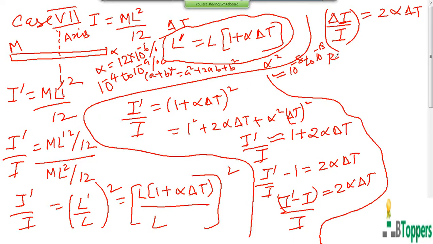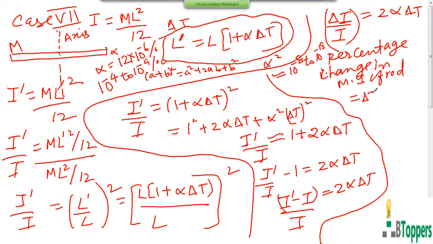So the percentage increase or change in the moment of inertia of the rod can be written as the actual change in the moment of inertia divided by the initial value of the moment of inertia, into 100%.